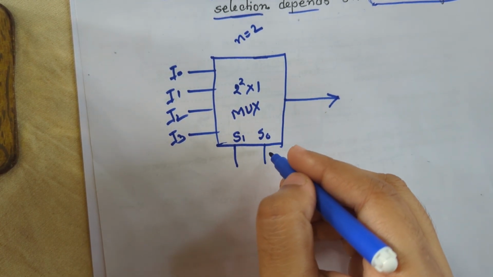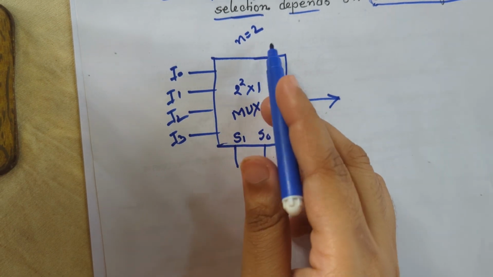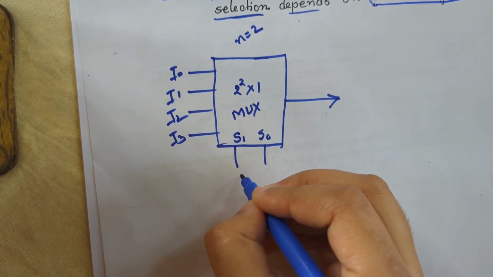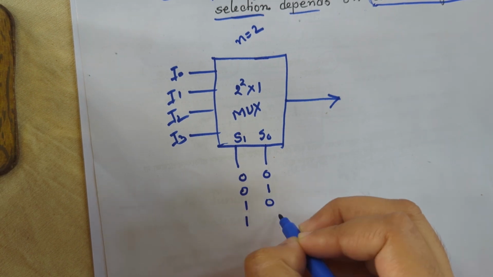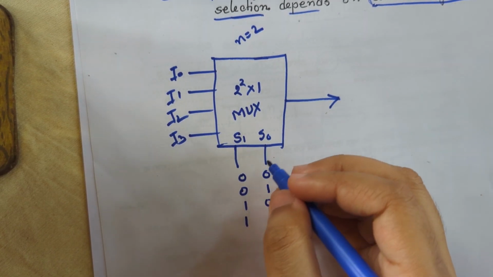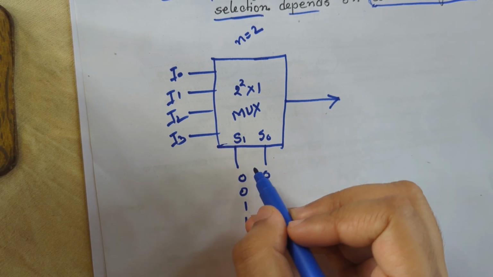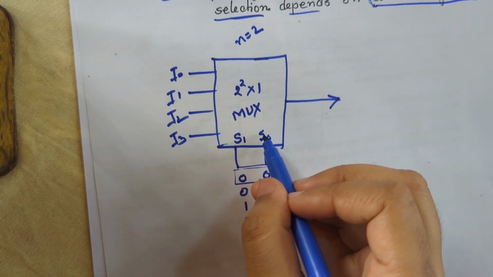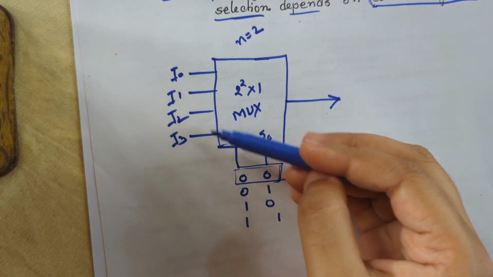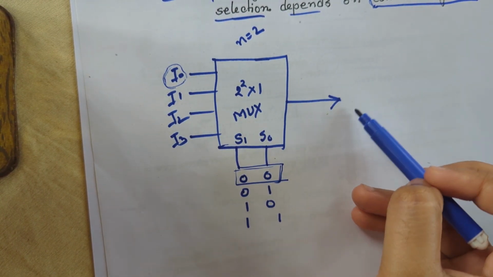Let's see which combinations can be made using only these 2 bits. The combinations will be 0 0, 0 1, 1 0 and 1 1. These 4 combinations will be made using these 2 bits, and let's see how it works. Suppose if we select 0 0 as our selector inputs, then I0 will be selected and I0 will be shown at the output.